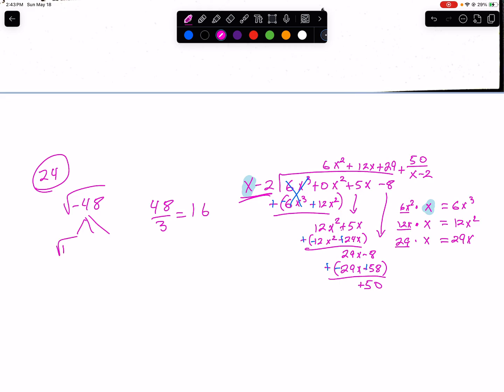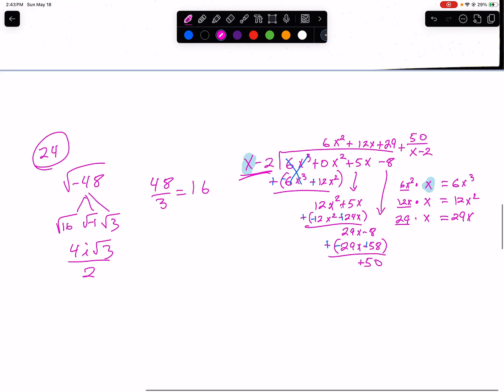So you break that apart into square root of 16, square root of negative 1, square root of 3, so that becomes 4i root 3. Then the bottom would be over 2. The beginning would be negative 8 over 2, which reduces to negative 4, and then plus or minus, because 4 divides into 2 twice, 2i root 3.